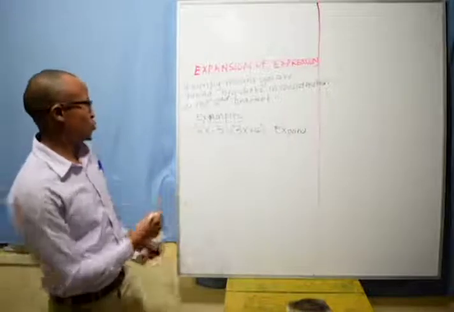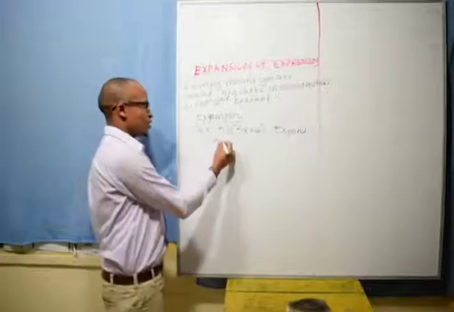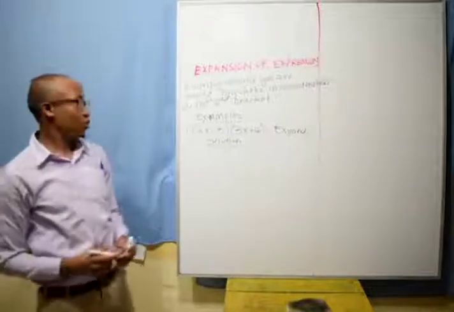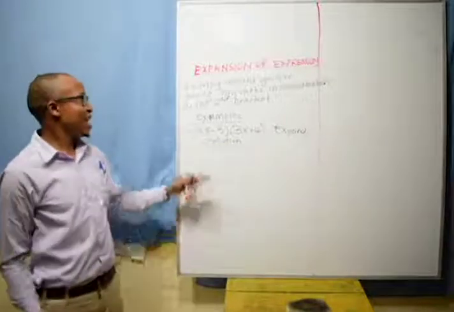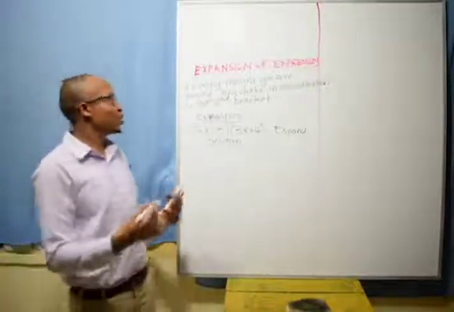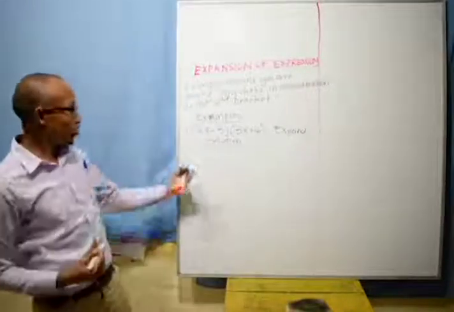So what are you supposed to do? So number 1, solution. You are being told to expand. I've said it simply means you are opening the first bracket in consideration of the second bracket. What do I mean?